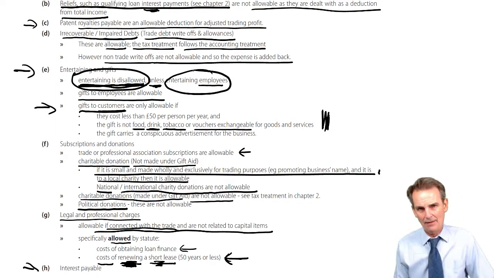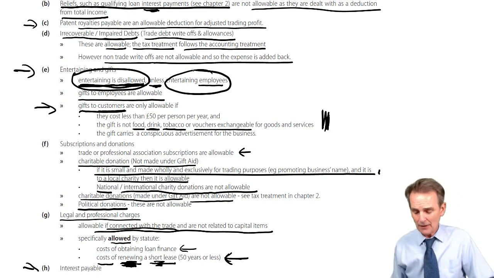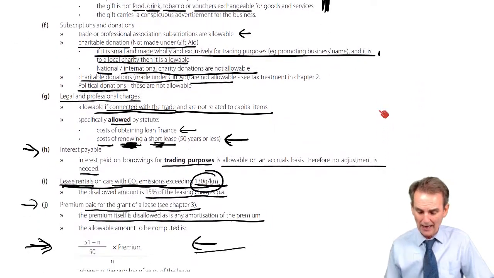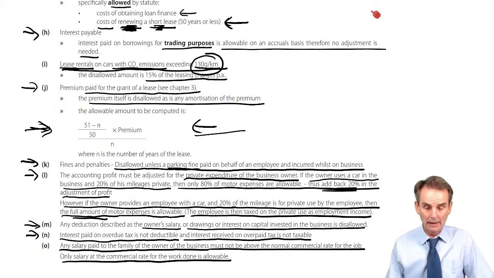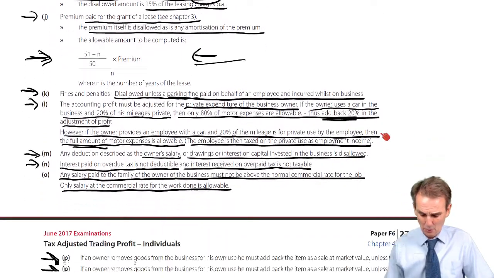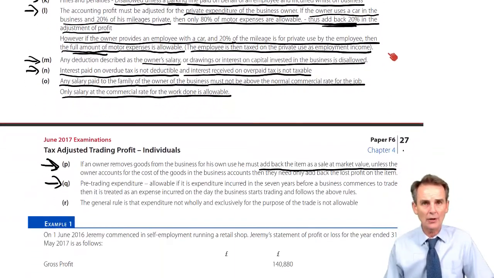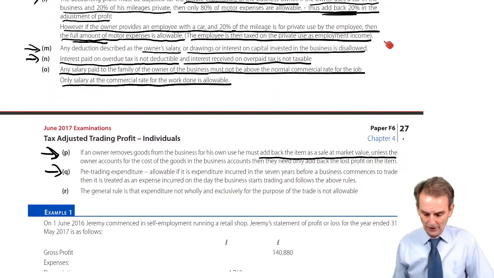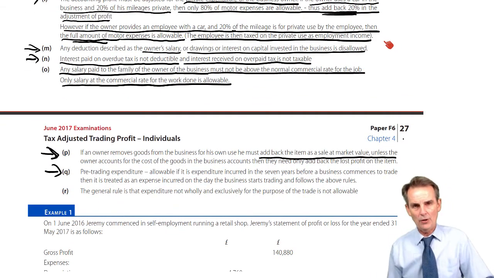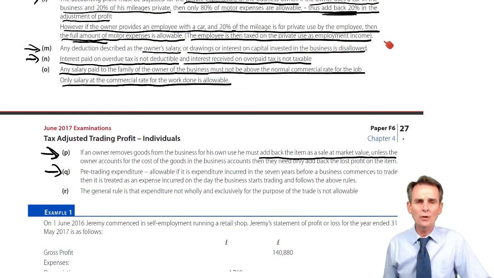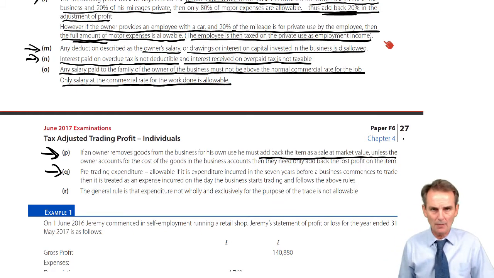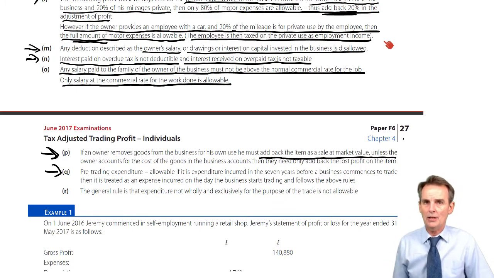So there you have an expense that even if you had incurred it post commencement of trading would not have been allowable. Well, clearly, therefore, whether you commenced it pre or post, it's disallowed. You will not get relief for it. But if it's pre-trading revenue expenditure of a nature that would have been allowable had you incurred it post commencement of trading, it's no problem. It is allowable, no add back.